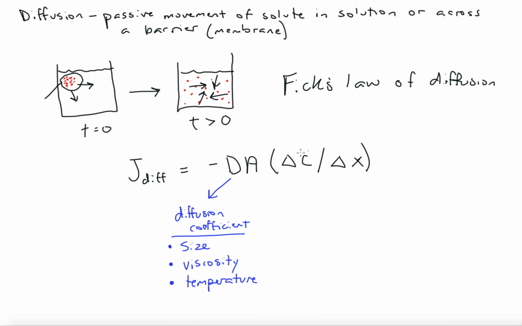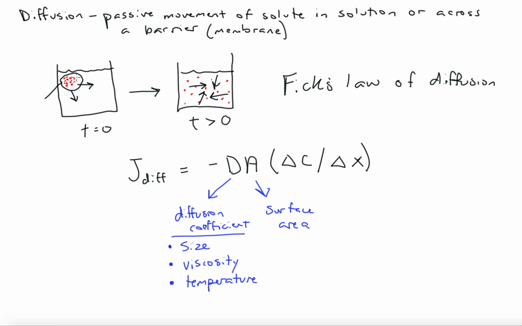All right. Then we have A, which is the surface area. And this is the surface area across which the diffusion can occur, right? It's a little hard to sort of visualize when we've got this sort of open glass of water here and a dye. But the drop of dye is in contact with a particular surface, right?